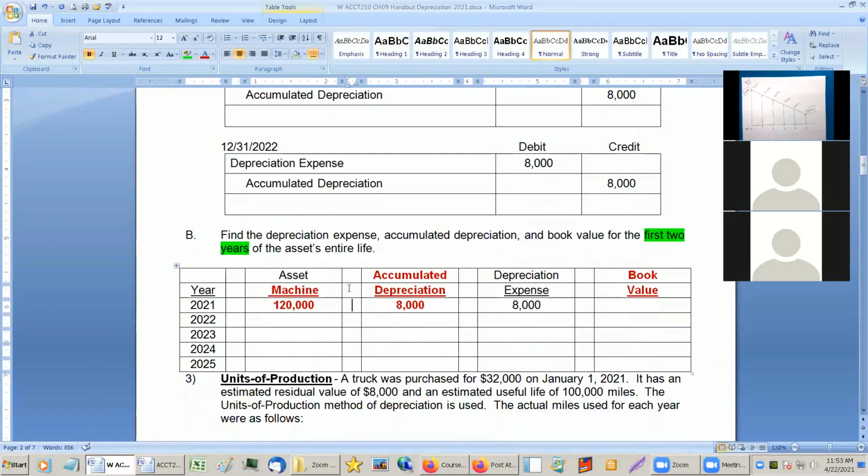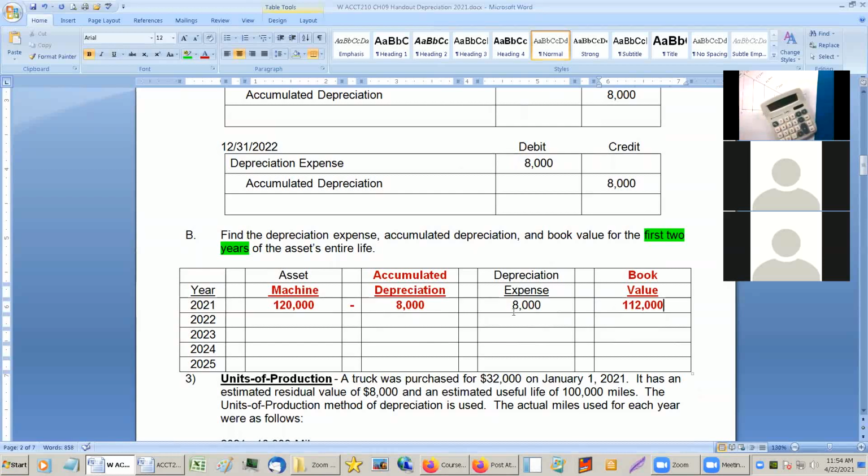Okay, so 120,000 minus 8,000 is the book value, 112. Yes, 112.